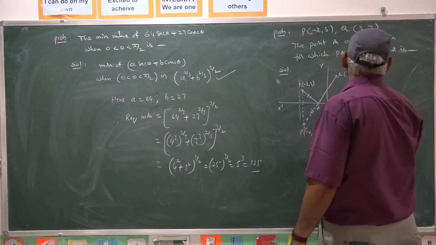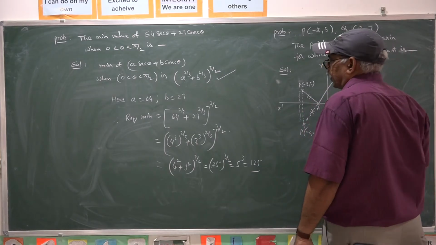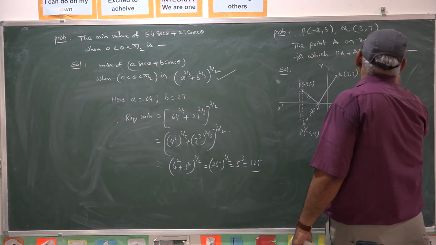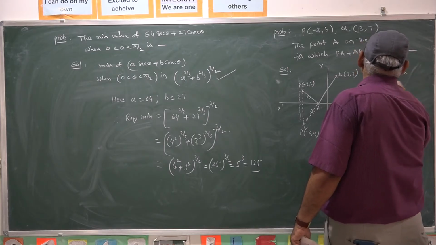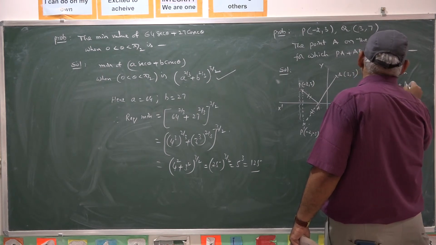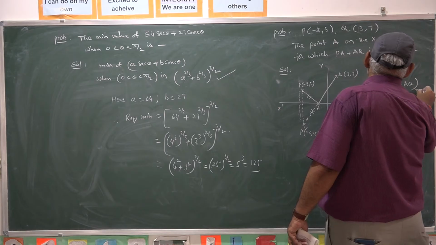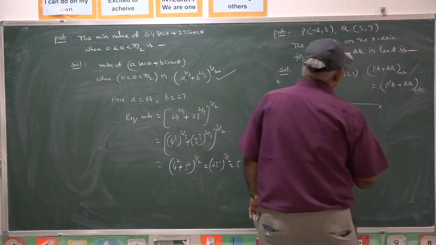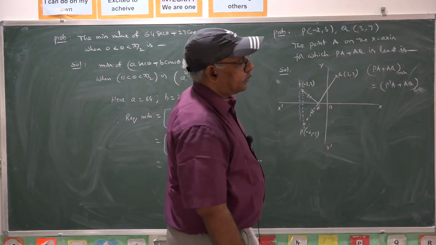So, to minimize PA plus AQ, the minimum is P dash A plus AQ itself, that is the distance P dash Q itself.